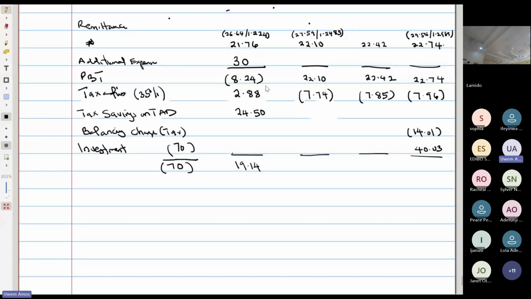Okay. The next one, please mute yourself. If your side is noisy, please help me mute yourself. So the next one, 22.10 minus 7.74. What do we have? 14.36.